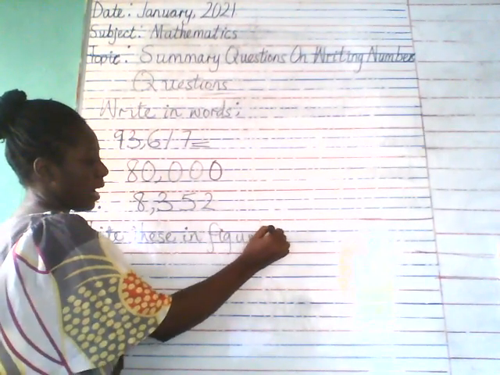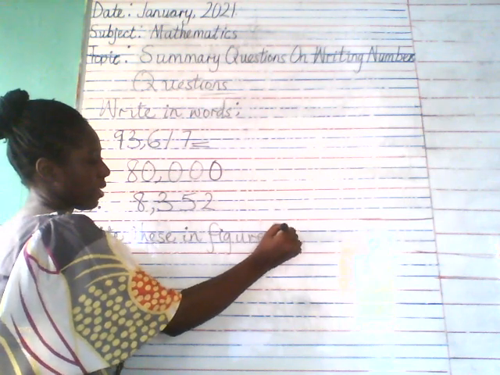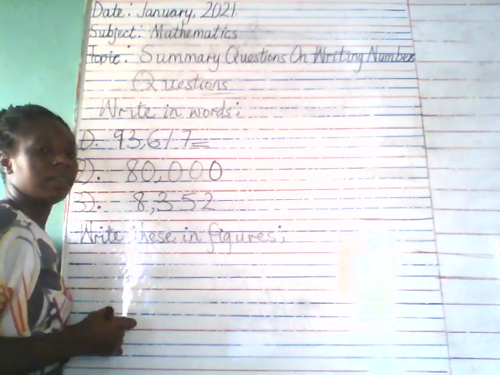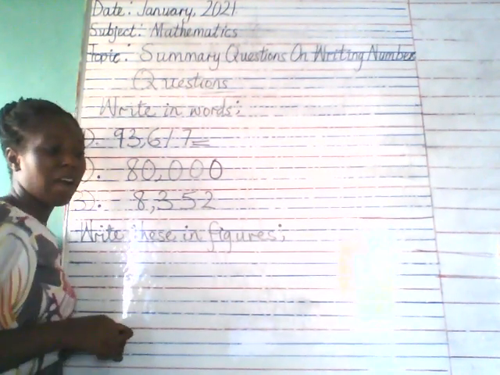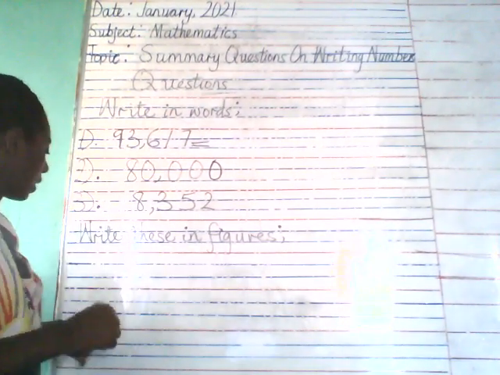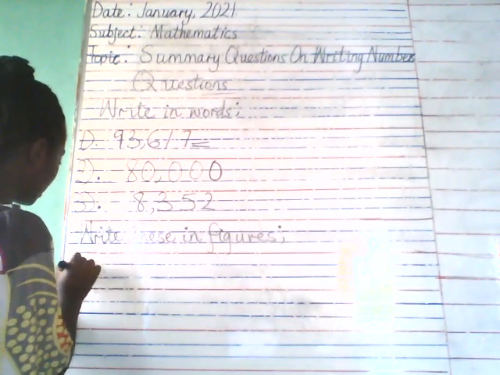Number 4 and 5, we are writing in figures. So number 4, you're writing this number in figures: 3,000.